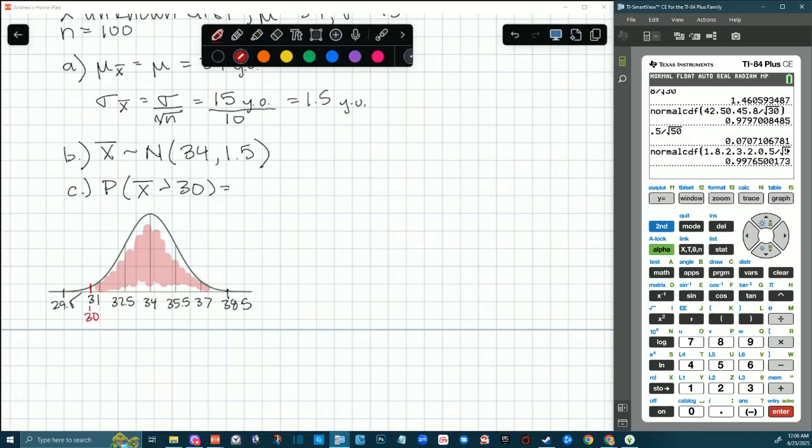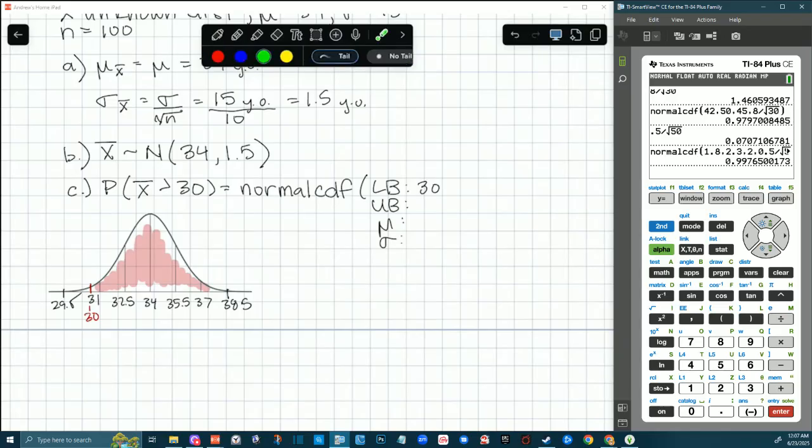But let's go ahead and do our normal CDF. I know it's normal CDF because I'm asked for a probability. Lower bound, upper bound, mean, standard deviation. In this case, my lower bound is 30, because that's where the shading starts.